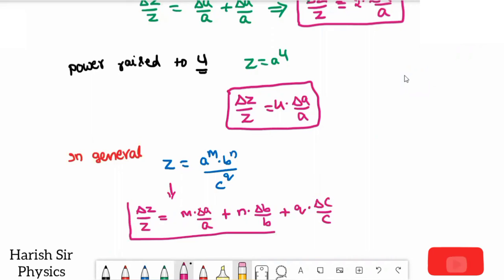In general, this is the maximum possible error formula. Very, very important for NEET, JEE and board students.